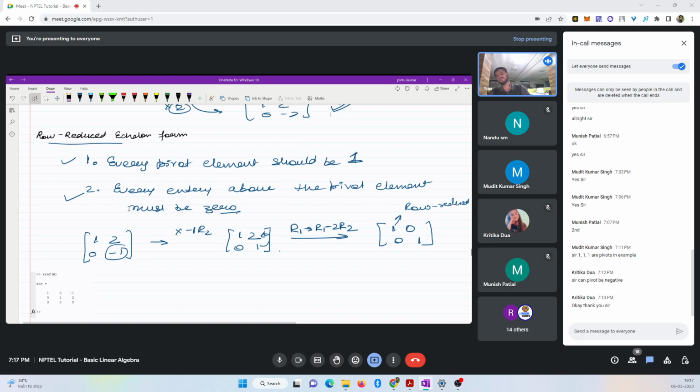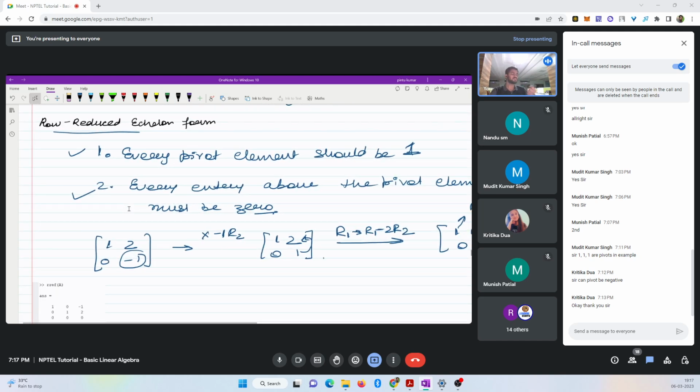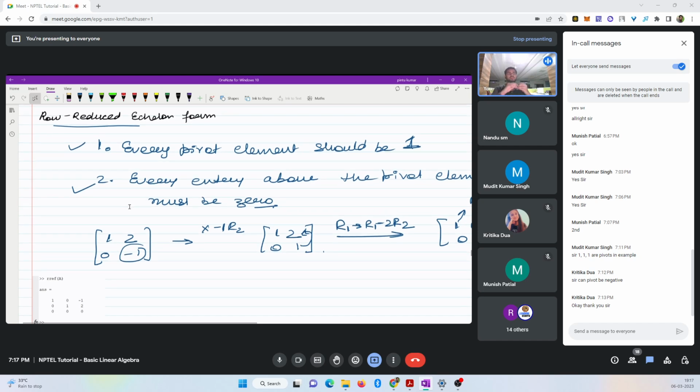One more thing: when to use row echelon form and when to use row reduced echelon form. When you're doing hand calculation, generally you reach row echelon form first, and row reduced echelon form takes many more steps. So if you are doing hand calculation, you should use row echelon form only, and then solve those simple equations that you got.